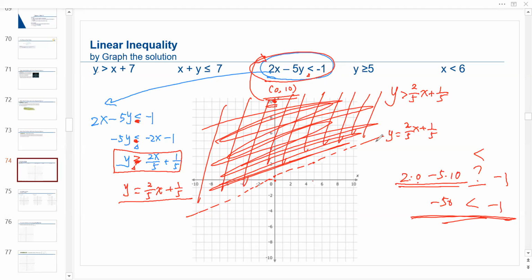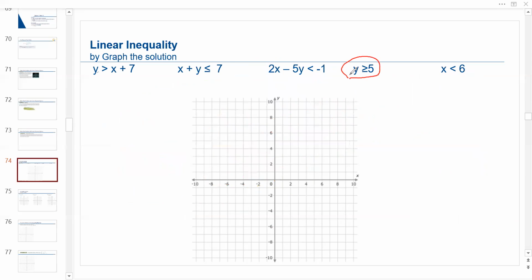Right, let's see the last two examples. Special situation. That's critical. All right, so see this one. Y greater or equal to negative 5. So first we change it to y equals 5. When y equals 5, there is a horizontal line, right? Like this. Y equals 5, horizontal line.